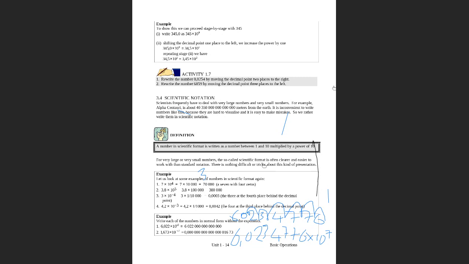My question is, you said a scientific notation is a number between 1 and 10, multiplied by a power of 10. Yes. So I see a 0 there after the comma, like 6,0. The number that has to be between 1 and 10 is the number before the comma.